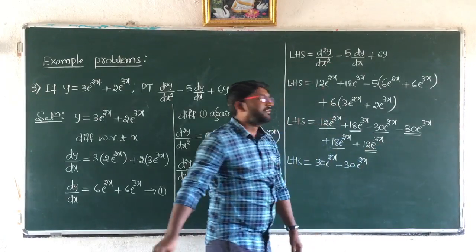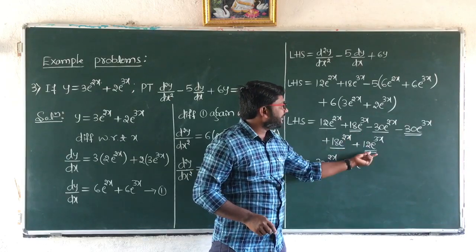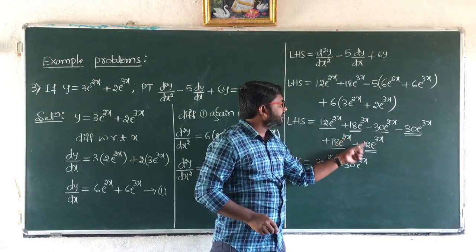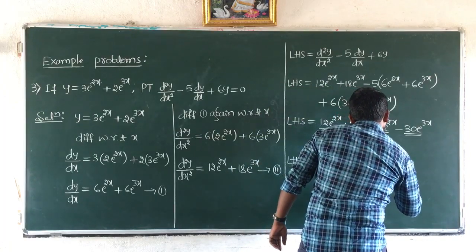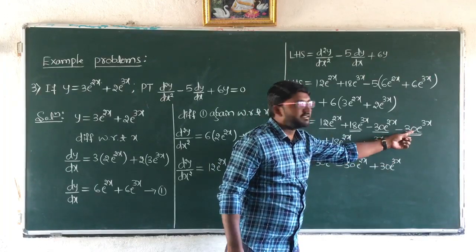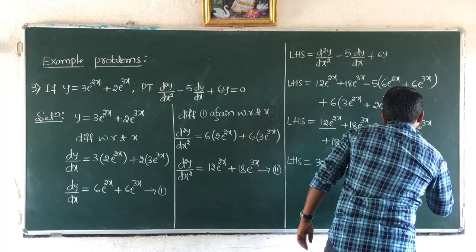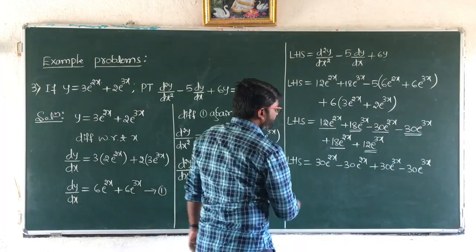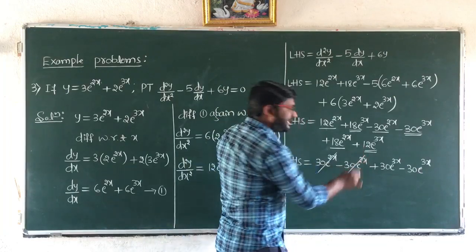Now we go for e power 3x. 18 e power 3x and then 12 e power 3x. Add these two, again we get 30 e to the power 3x, and then here it is one more term, minus 30 e to the power 3x. So see here, plus 30 e raised to 2x and minus 30 e raised to 2x both get cancelled.